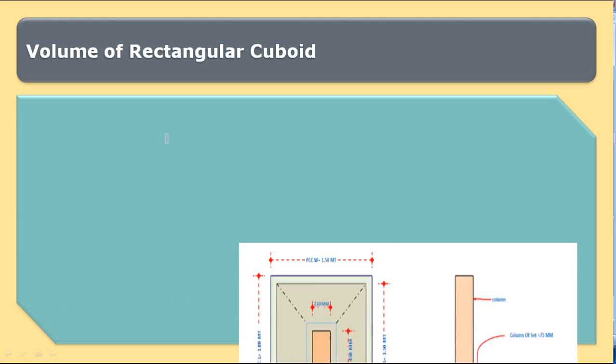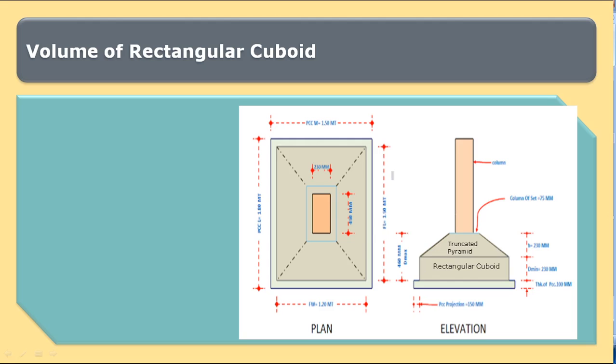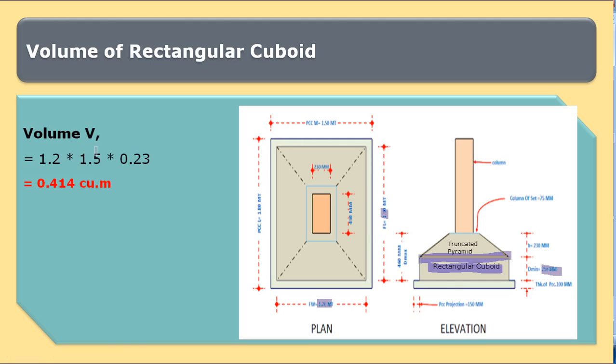Similarly, now I'll calculate the volume of the rectangular cuboid, which is equal to area, which is 1.2 into 1.5 meter, into the height, which is 230 mm, equal to 0.23 meter. So the volume of the rectangular cuboid calculated is 0.14 meter cube.